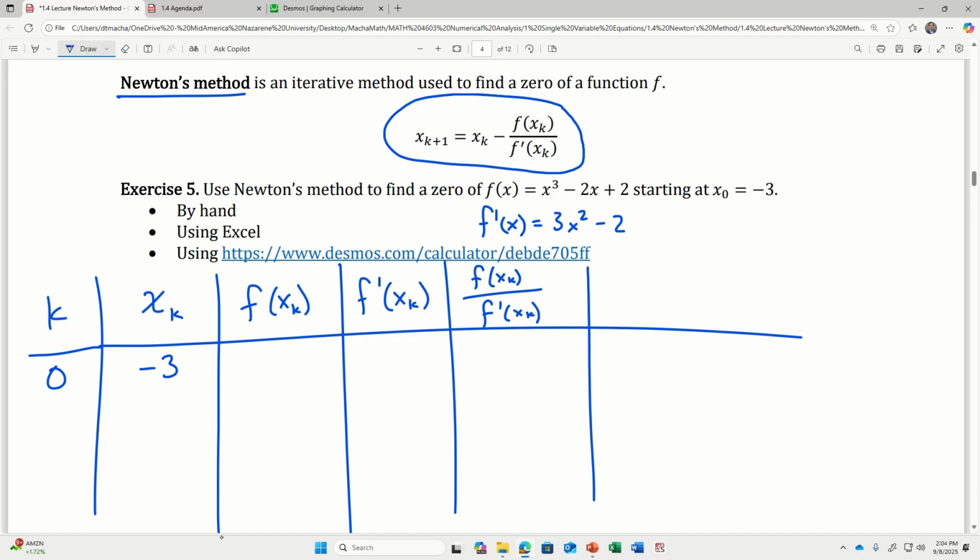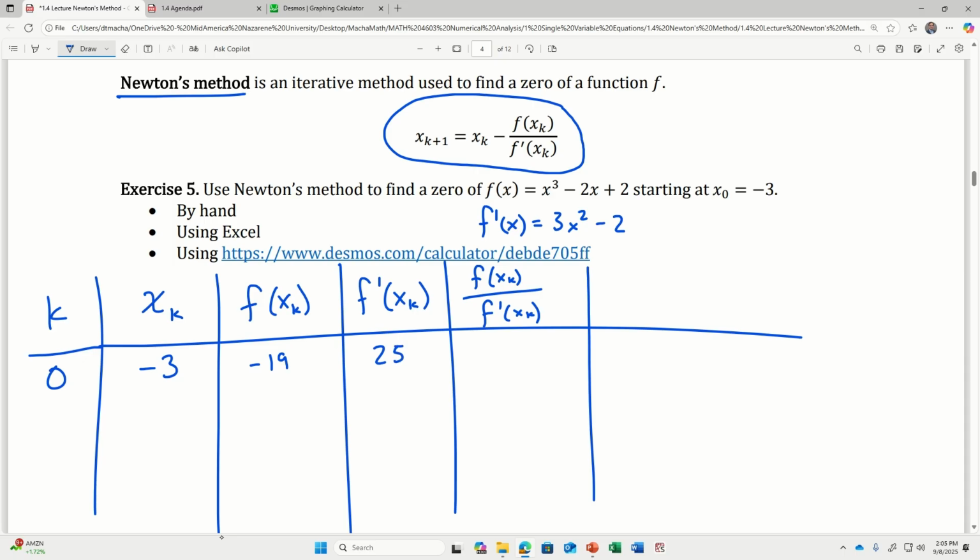So f of negative 3 would be negative 3 cubed, which is negative 27, plus 6 plus 2, right? That'd be like negative 19. F prime of negative 3 would be 3 times 9 minus 2, so it'd be 25.